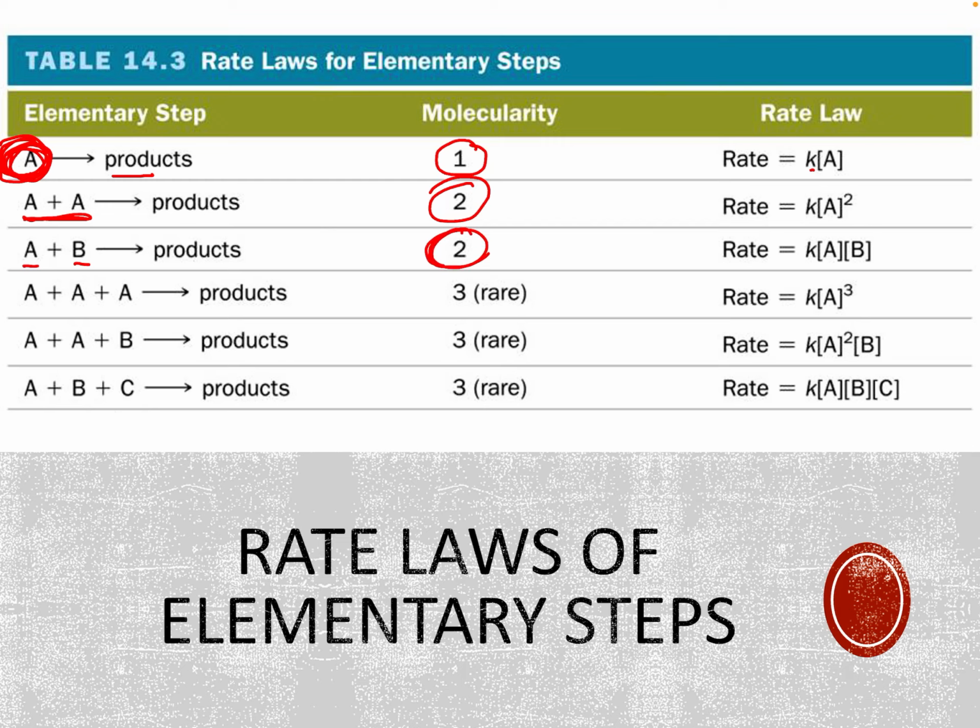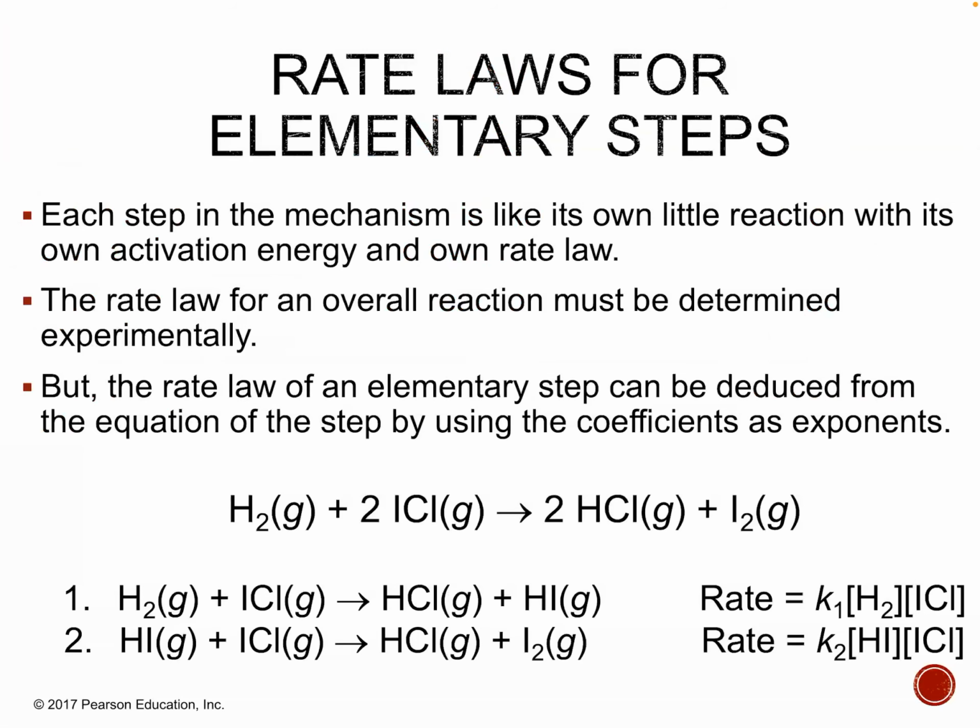Again bimolecular, and our rate law would be rate equals k[A][B], because we have A and B. If we have something that's termolecular, again, these are all really rare, but if we have A and A and A, three A's, that would be A cubed. A, A, and B, we would have A squared B, or they could all be different, A, B, and C, and it would be A, B, C. But for these elementary rate laws, we can use the reactants to write our rate law, which is super helpful.